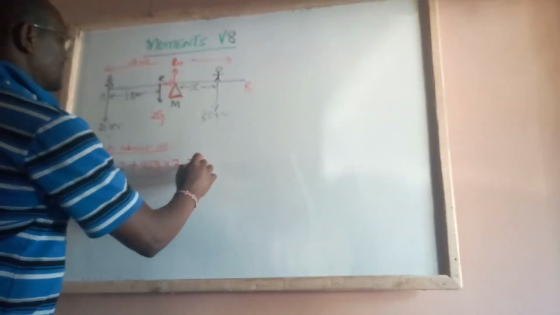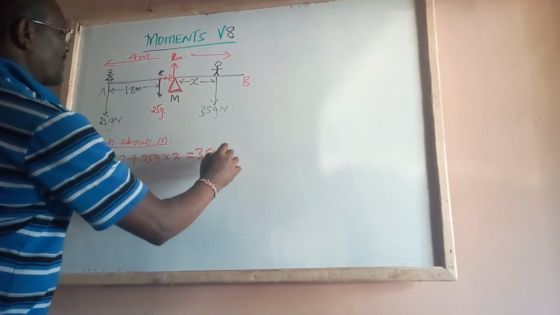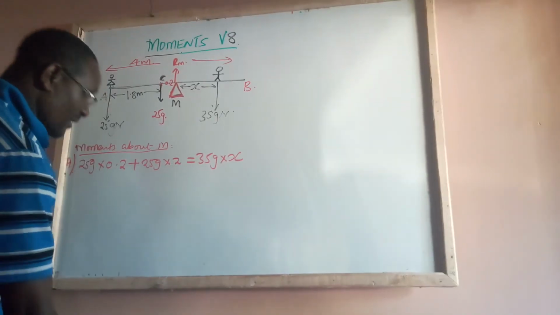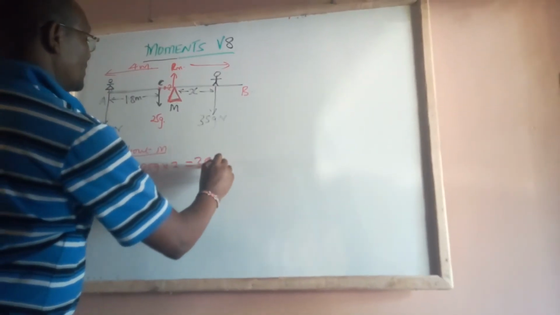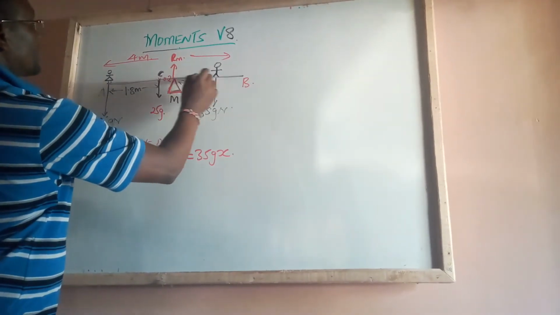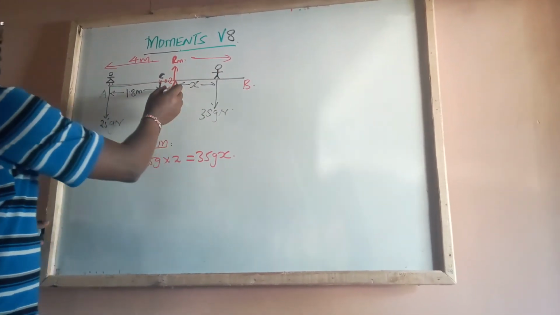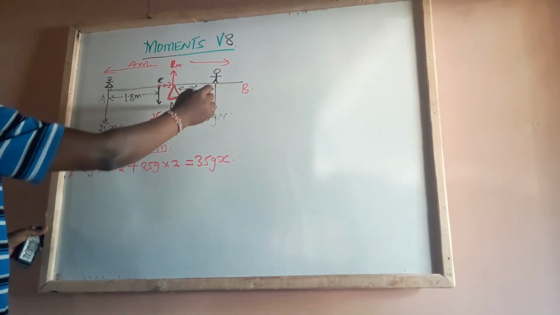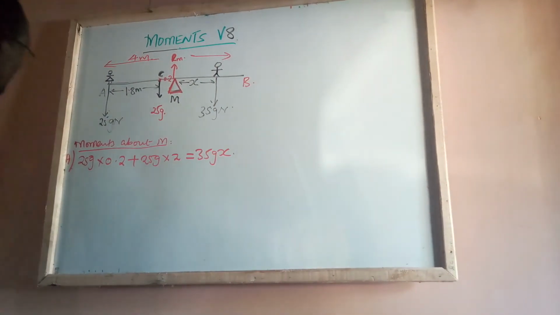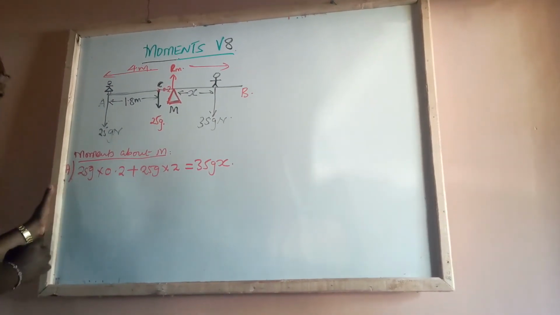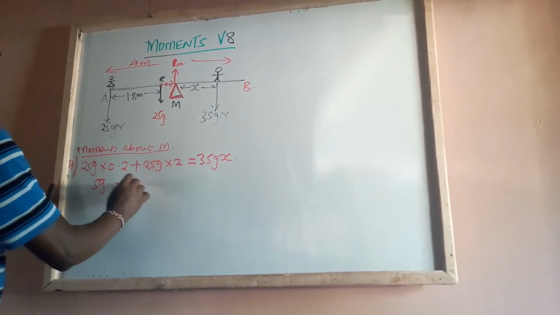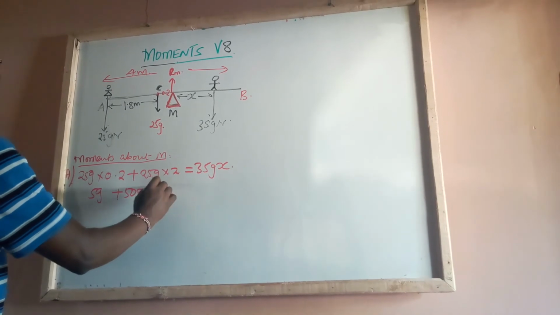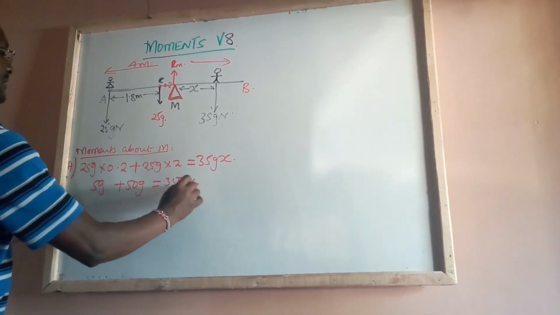So 35g times x, in other words 35gx, because there is a distance of x meters between the point of rotation and where Sam is seated. 25g times 0.2 is 5g, plus 50g is equal to 35gx.